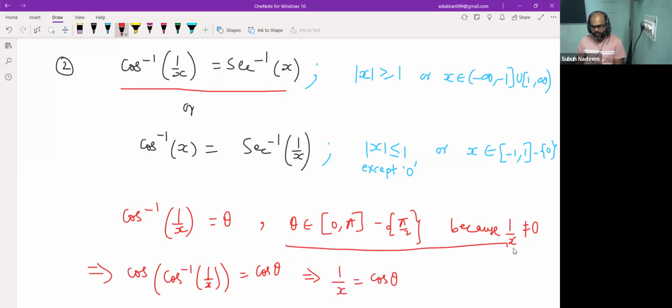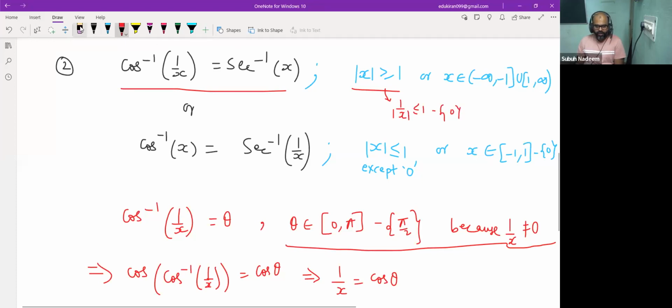This was the condition with that one. So cos and cos inverse will cancel and 1 by x would be there. Here, since mod x is greater than or equal to 1, 1 by x is less than or equal to 1, except 0.